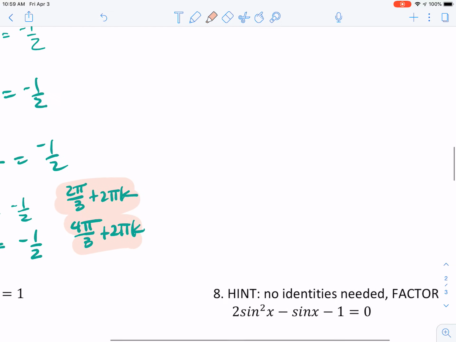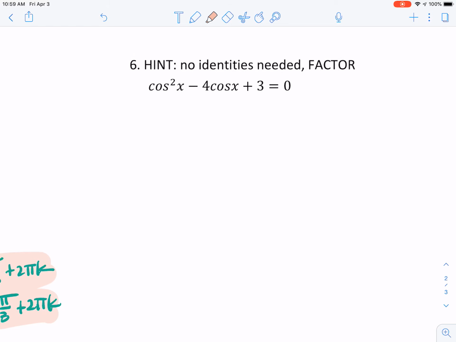All right. Now, let's see what we got here. Oh, no identities needed, just factor. So factoring can be tricky when you have trig. So what I'm going to do is come over here and choose a letter. Just for lack of confusion, I'm going to choose the letter A instead of X. And A is going to be the same thing as cosine x. So I am making a substitution.